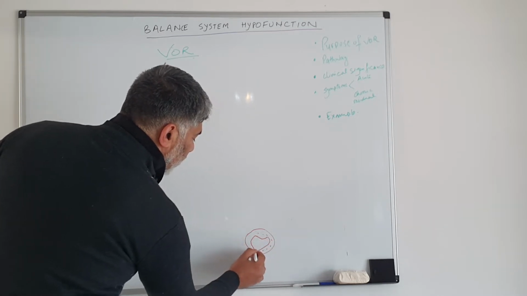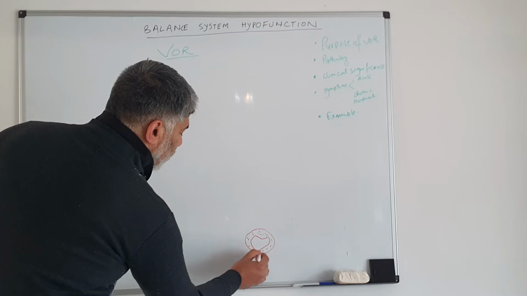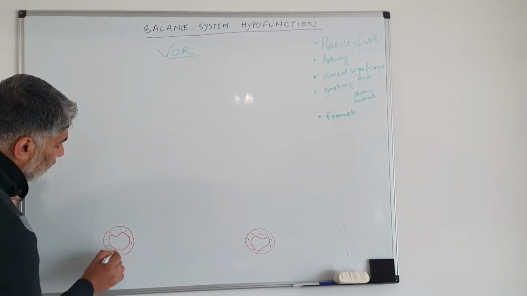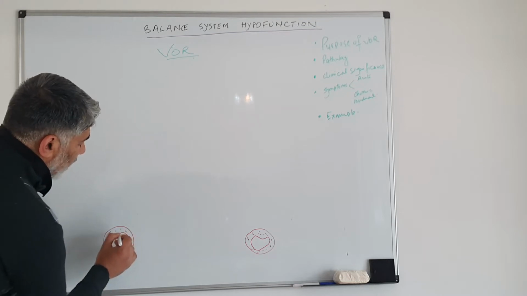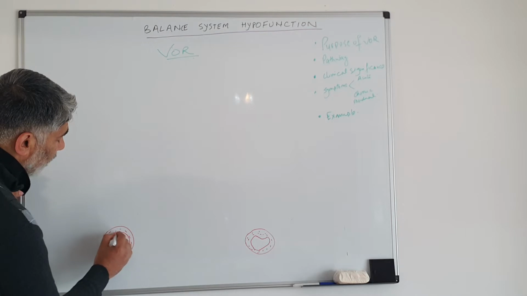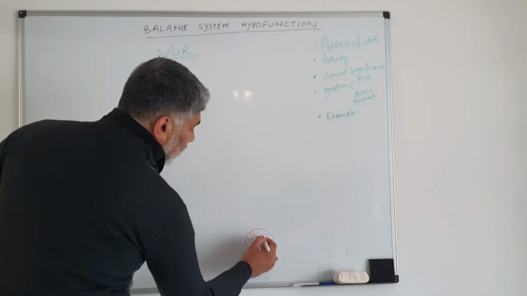This is your endolymph, the fluid that travels in these semicircular canals. There are three in nature here: the horizontal, anterior, and posterior. And this is the crista ampullaris, where we have receptors, hair cells.